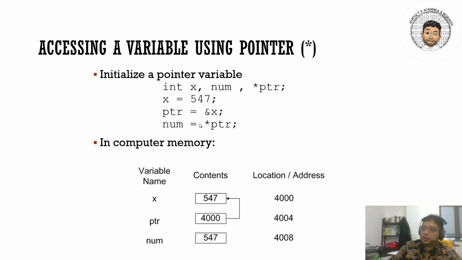However, when you use the star in any expression beneath the definition, it represents the value that the pointer is pointing to. So if num is equal to the value of pointer, and pointer is the address of x, the value of x is 547. Therefore, the value of pointer is 547. This is the way we use pointers. So num refers to the value of pointer, which at the end points to the value of x.